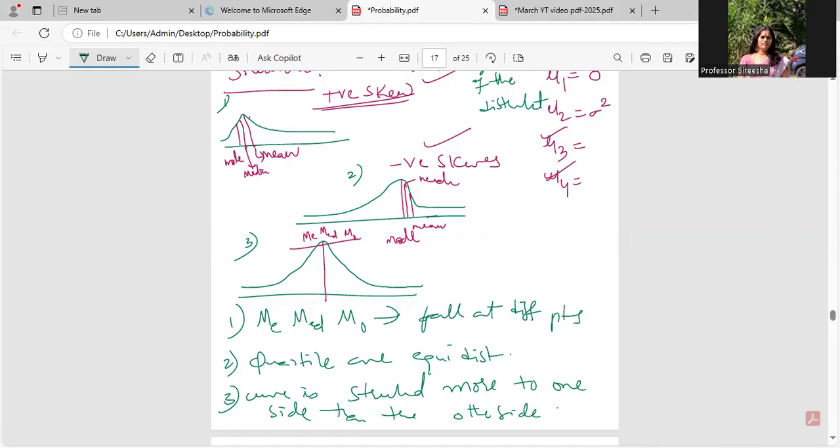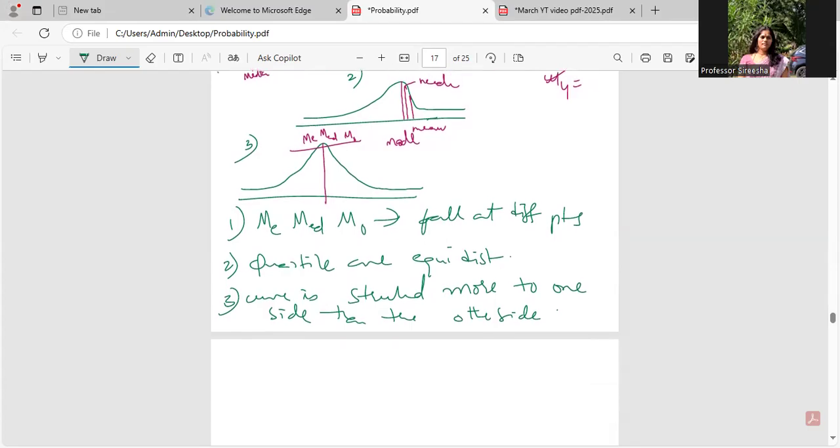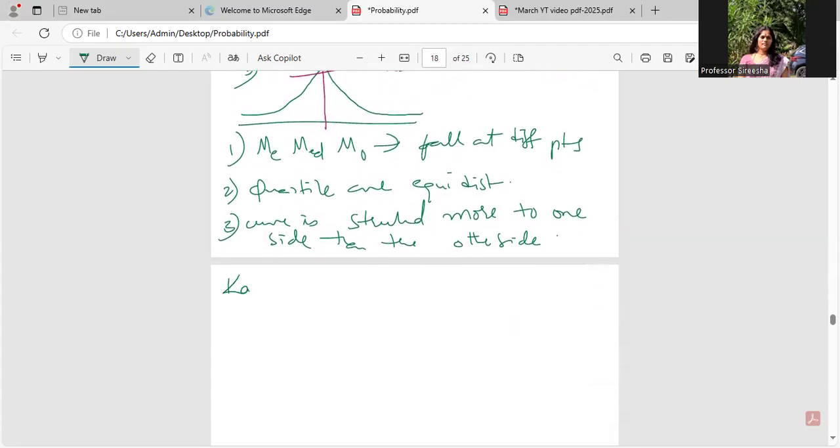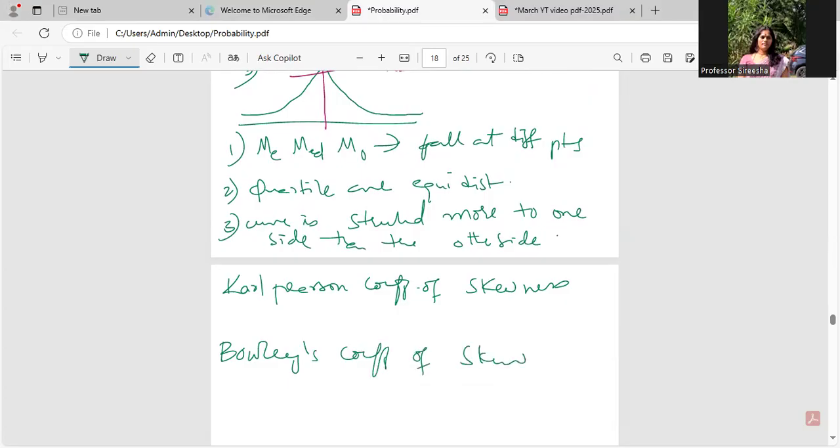There are two mathematically most famous ways of calculating skewness. One is the Karl-Pearson coefficient of skewness. The other one is Bowley's coefficient of skewness. There is a range for Karl-Pearson and there's a range for Bowley's as well.